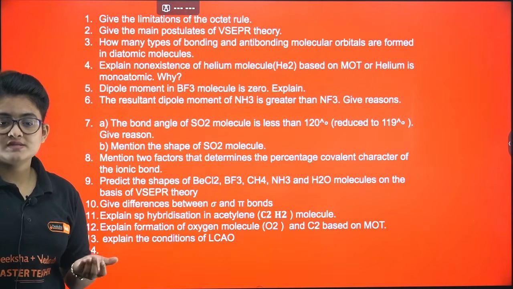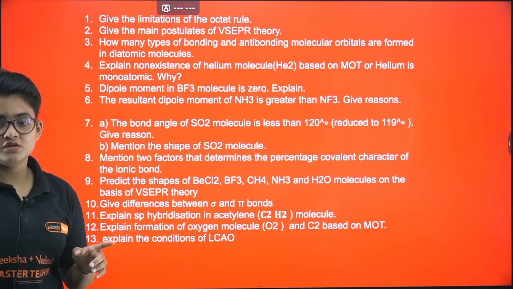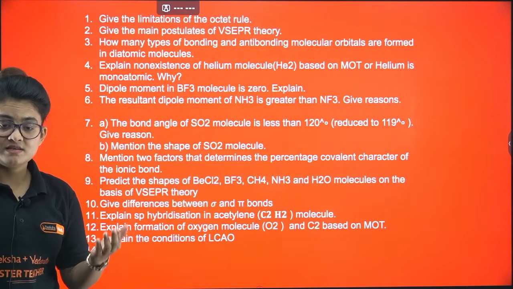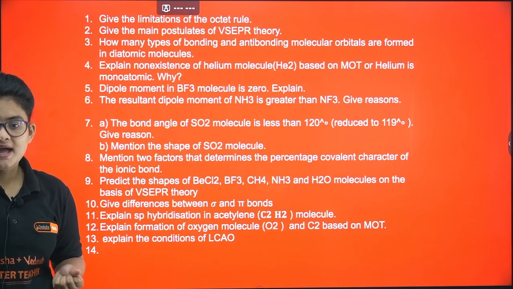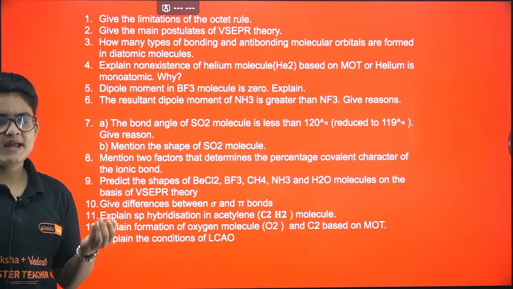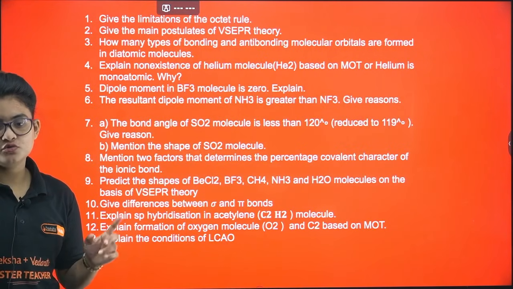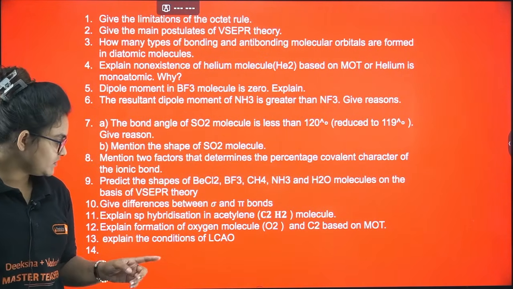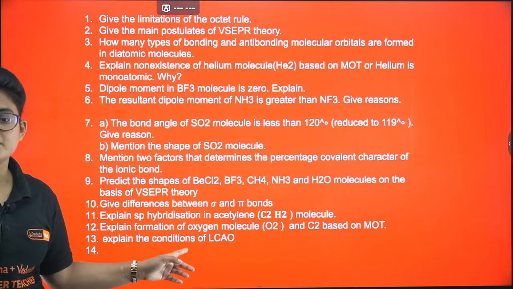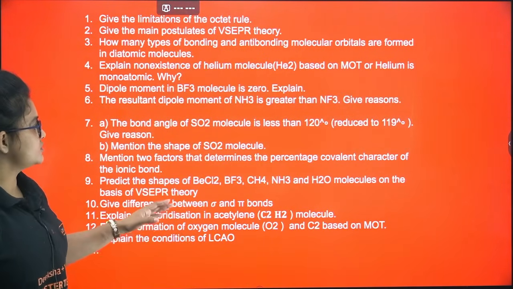Hybridization is very much important. In hybridization you may have to explain acetylene, SF6 molecule. And for MOT, C2, N2 and O2, all the three you should proceed with. The conditions of LCAO, meaning linear combination of atomic orbitals, that also you have to proceed with.